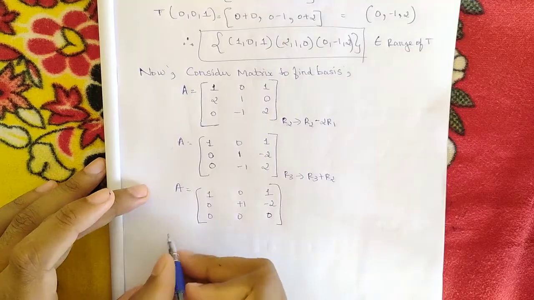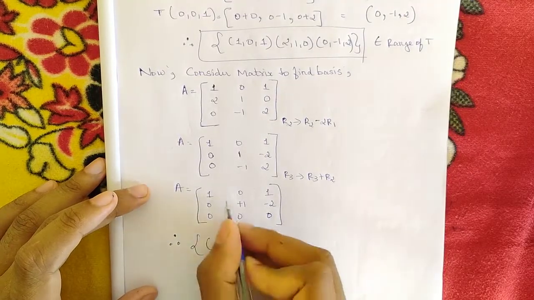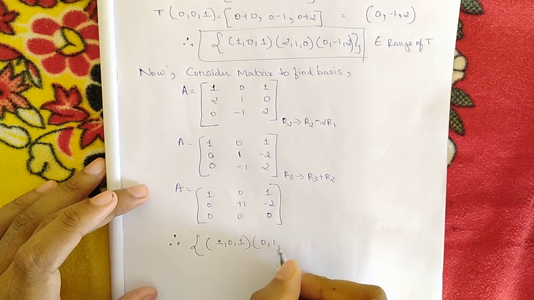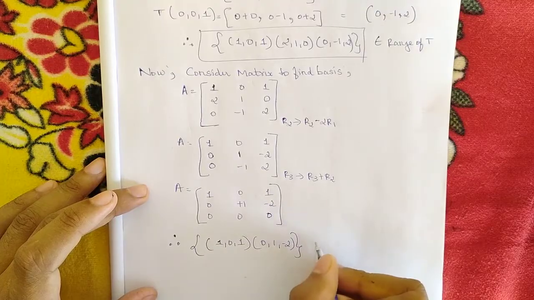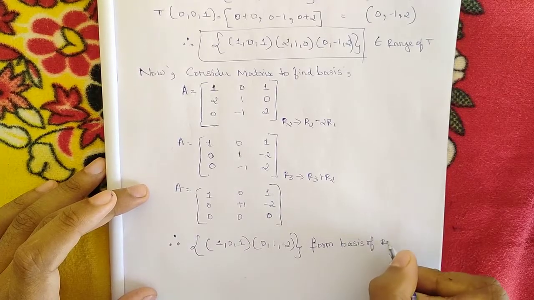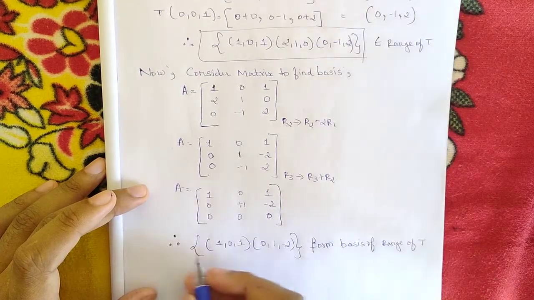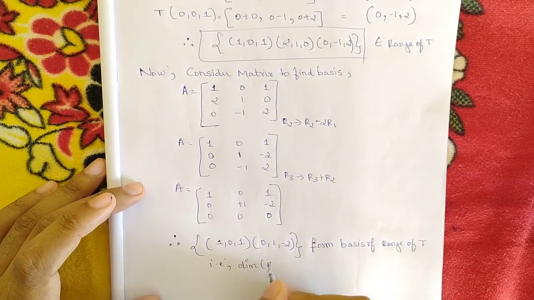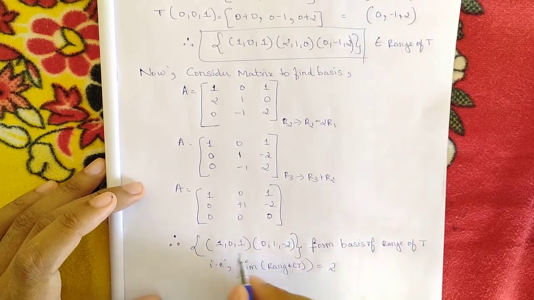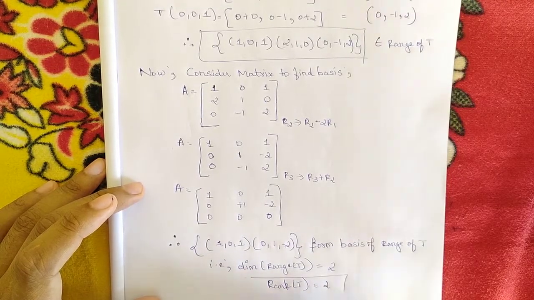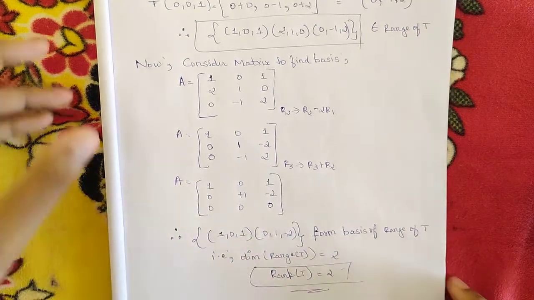Here, consider the set of non-zero rows, 1 0 1 and 0 1 minus 2, which form the basis of the range of T. So the dimension of the range of T is equal to 2 because we have two vectors. Similarly, since the dimension of the range of T is equal to the rank of T, the rank of T we got as 2 in this case.